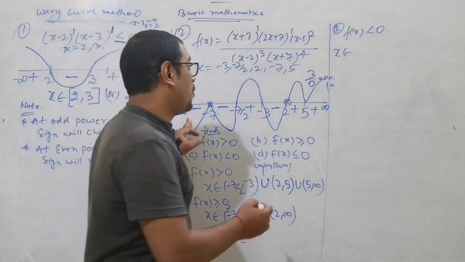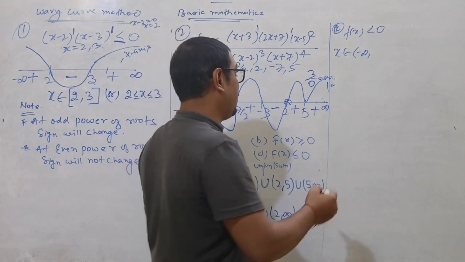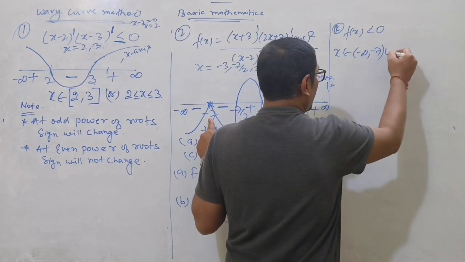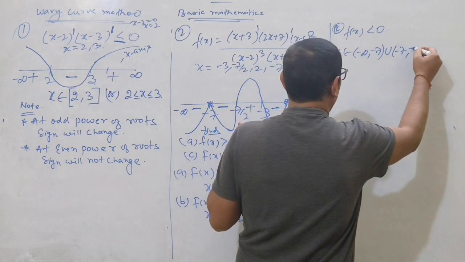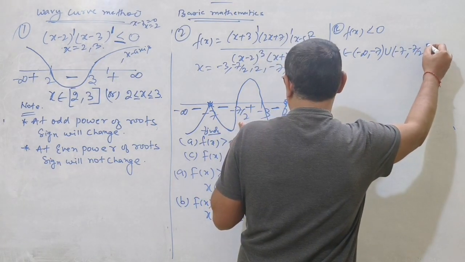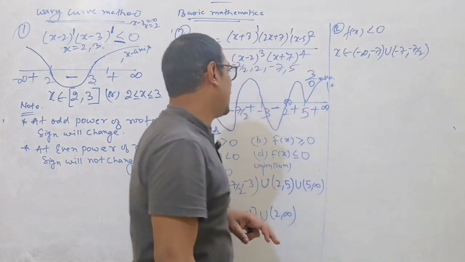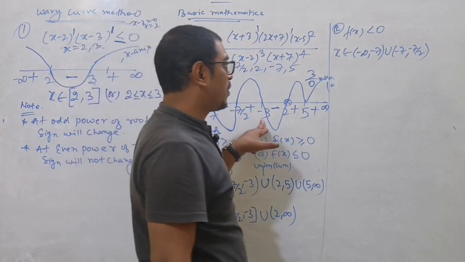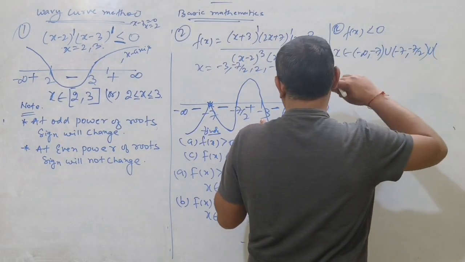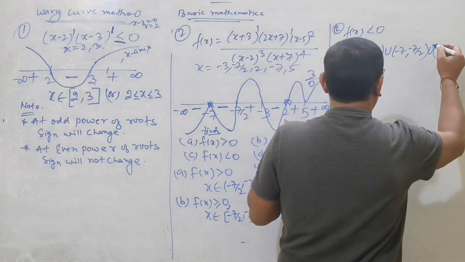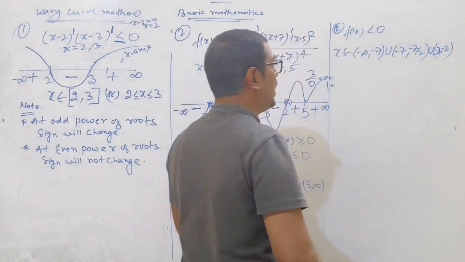So minus infinity to minus 7, union minus 7 to minus 7 by 2. You can't take minus 7 as included because it is less than. Now negative continues again. Now union minus 3 to minus 2. Clear?